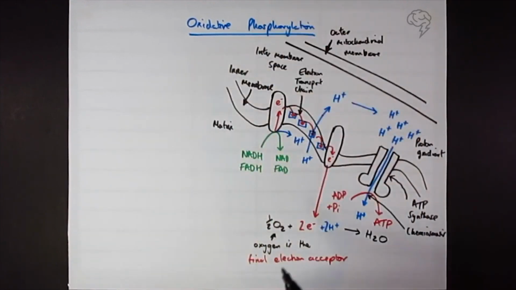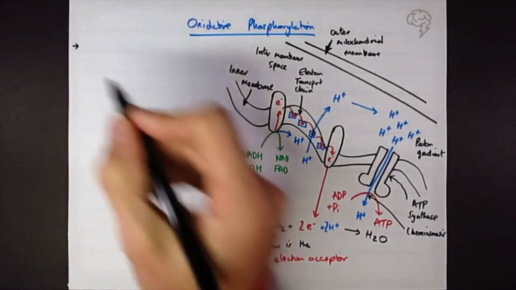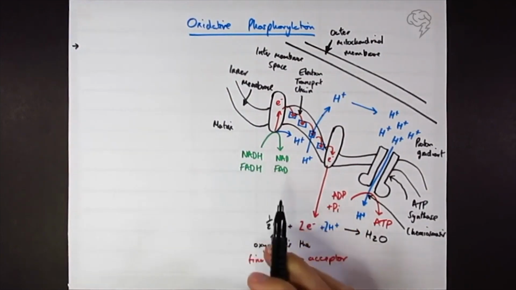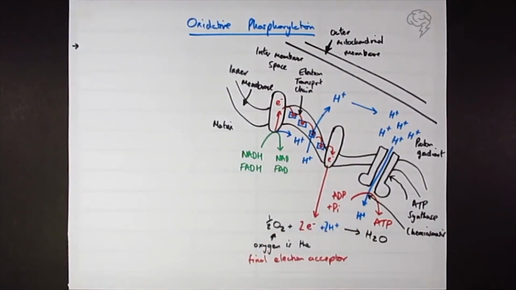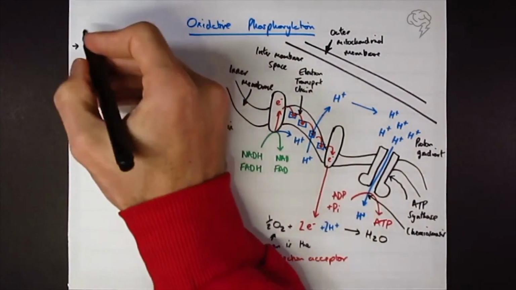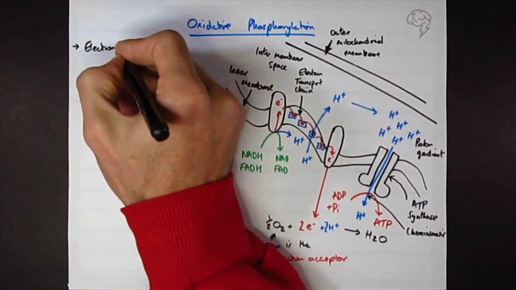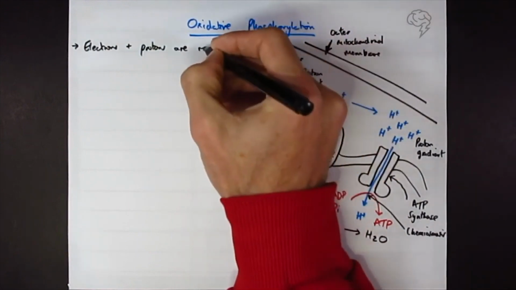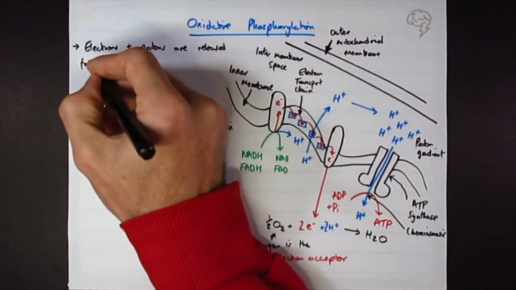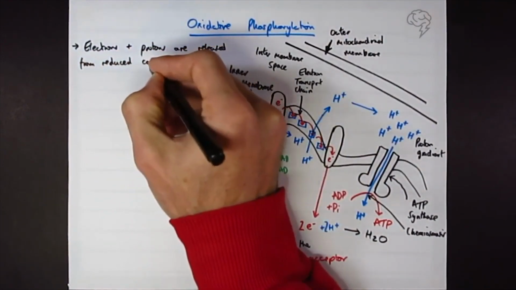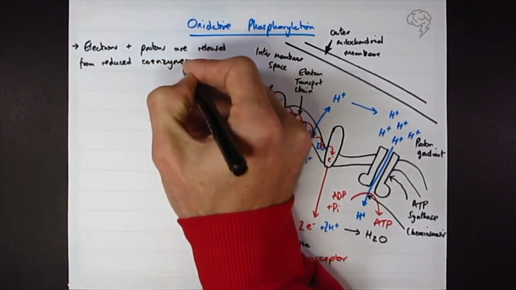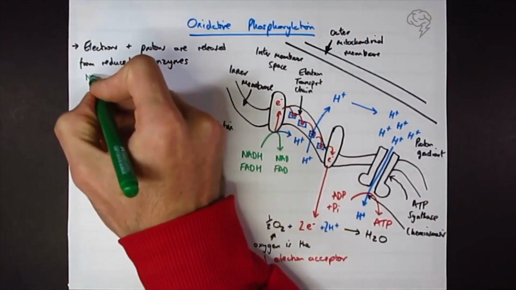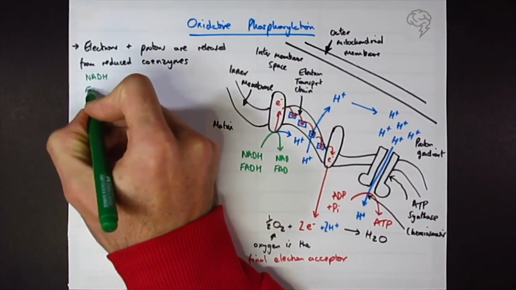Okay, so let's put this into some note form. So we're going to say, starting here, that electrons and hydrogen or protons are released from coenzymes. So let's just put that down because people struggle with these coenzymes all the time.